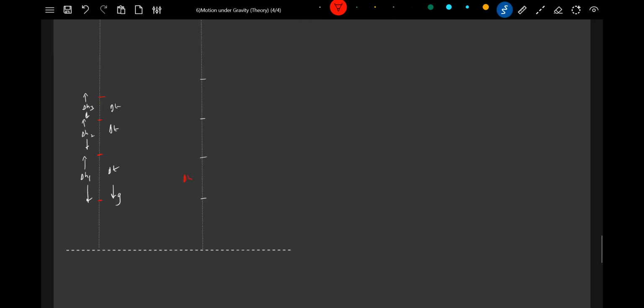For equal displacements, delta T1, delta T2, delta T3, delta T3 will be greater than delta T2, greater than delta T1. It will take more time for retarding motion. The body is projected from here with certain velocity. I think this is the primary idea.